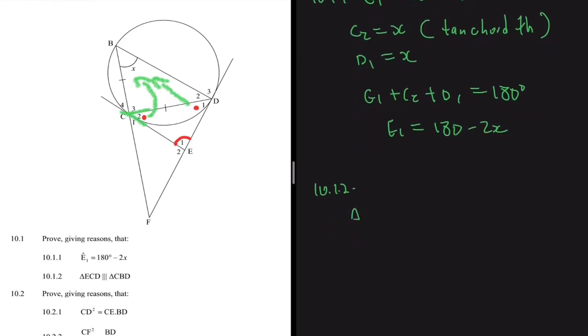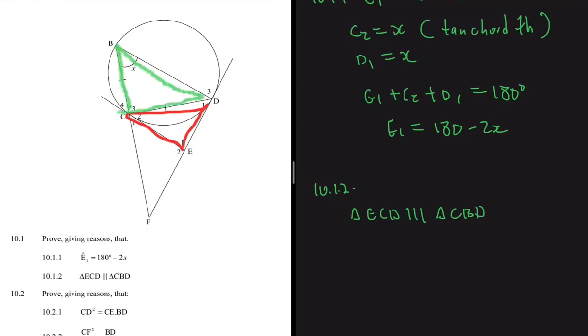We're supposed to prove that triangle ECD is similar to triangle CBD. So let's look at these triangles on our sketch. Here's ECD, and we're supposed to prove that it is similar to triangle CBD. So we have C going to B and back at D.